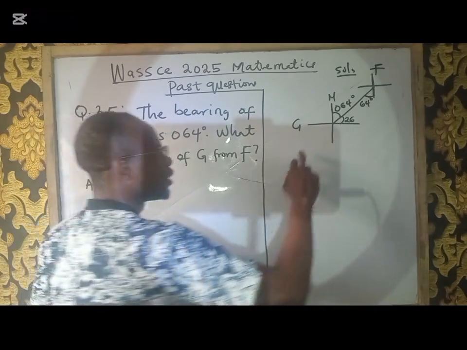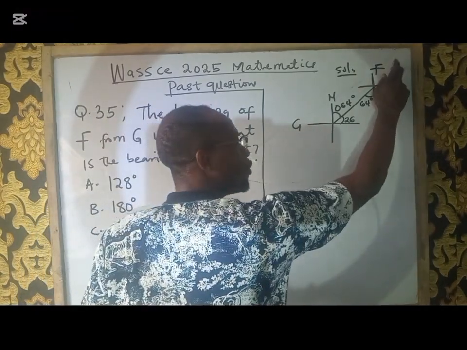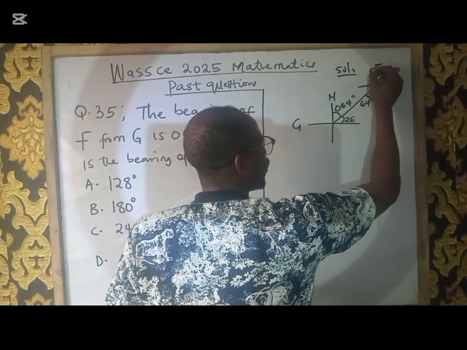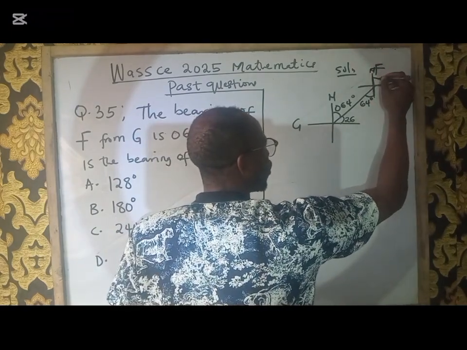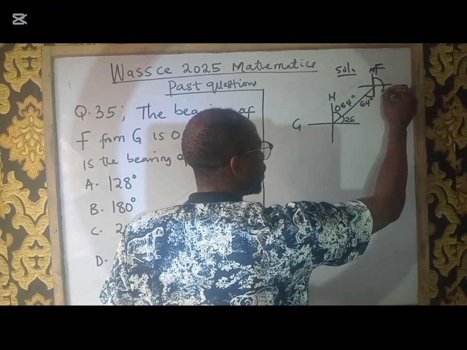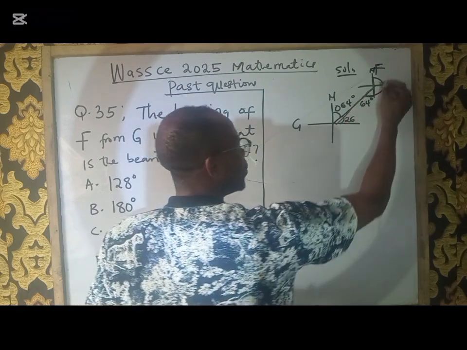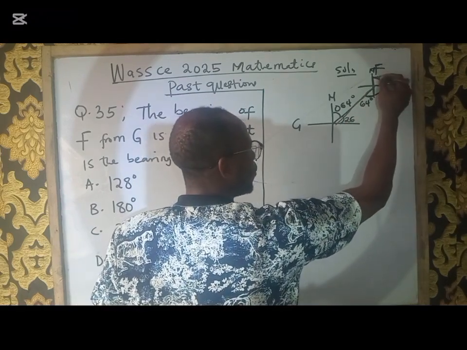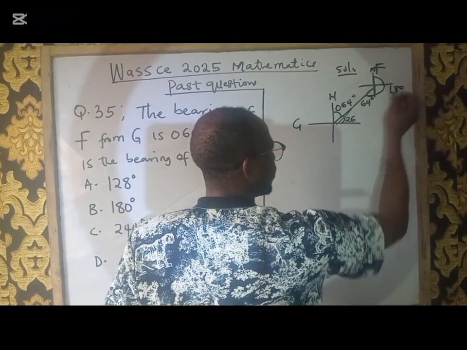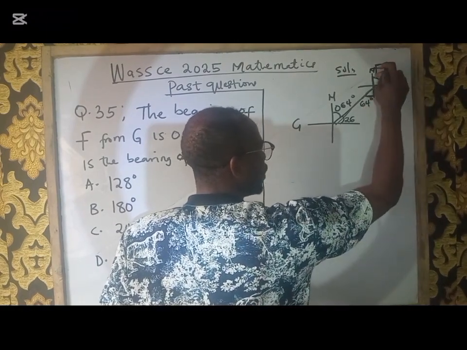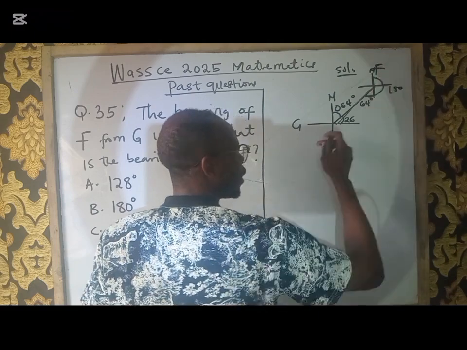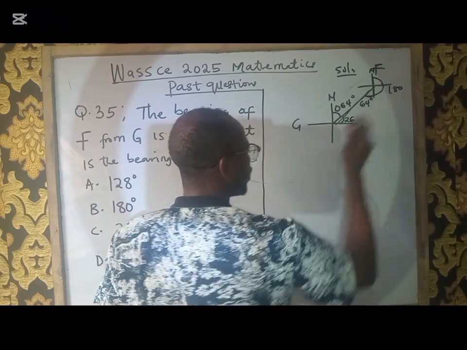That means what is the bearing of this one from this place? It's coming from here, so you have to start again. Don't forget this is the north of this one. You come clockwise like this, up to the line that joins them together here. If from here to here is 90, from here to here will be 180. So you are going to add all the angles from here to this line, that means 180 plus 64.